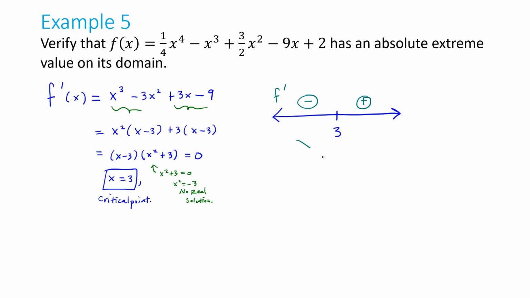So you see it's changing from negative to positive, so we have a local min at x equals 3.